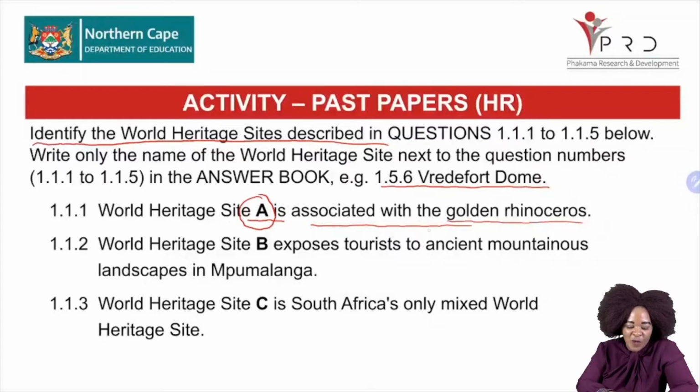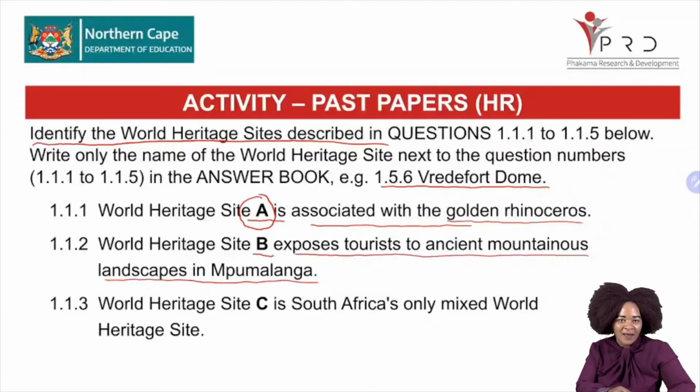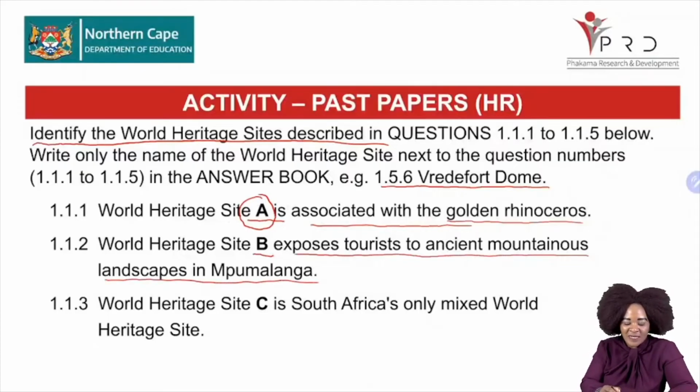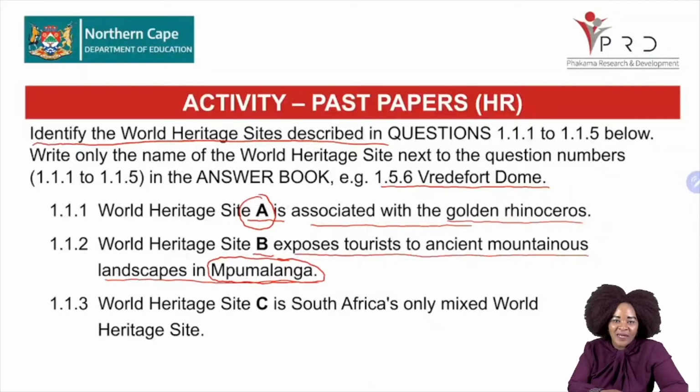In 1.1.2, World Heritage Site B exposes tourists to ancient mountainous landscapes in Mpumalanga. In which province, grade 12 learners? In Mpumalanga. So you know there is only one World Heritage Site in Mpumalanga.